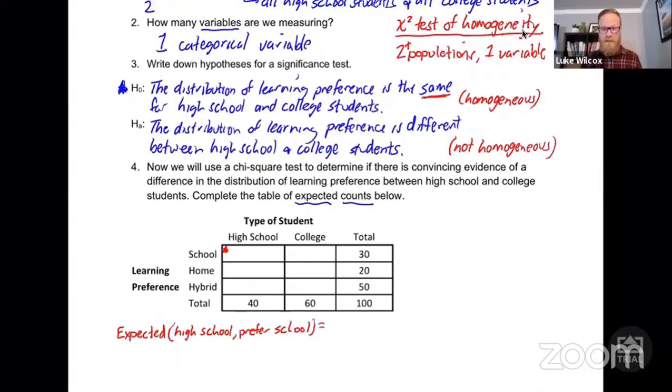Okay, let's think about how we can calculate this expected value. If we assume the null hypothesis is true, then the distribution of learning preference is the same for this group as it is for this group.